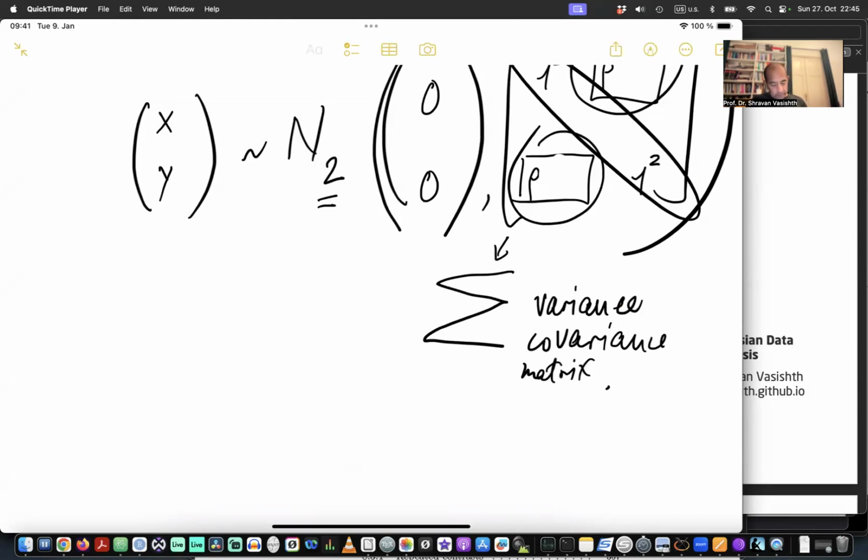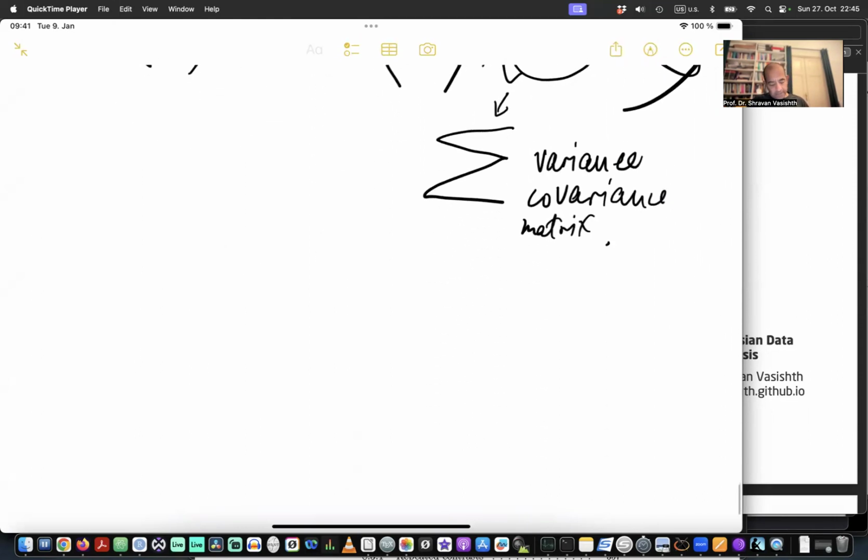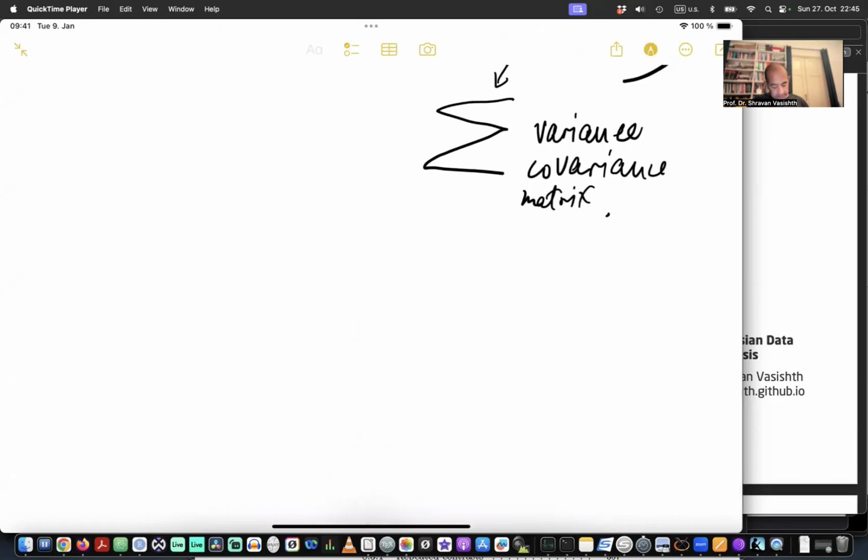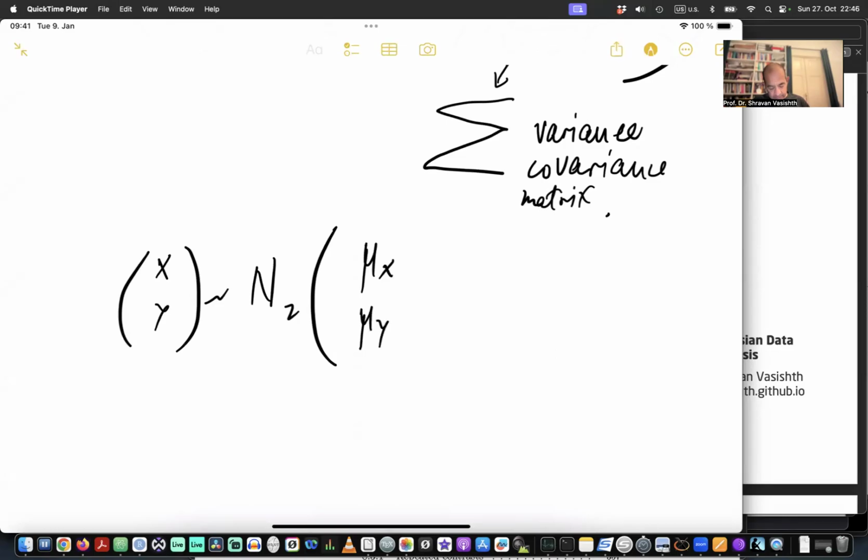So the way we characterize a bivariate distribution, like the one I'm just talking about, is in terms of this general mathematical form: we have some mean for the x random variable and some mean for the y random variable. This does not have to be zero, right?